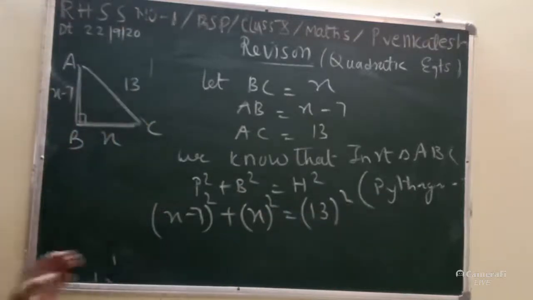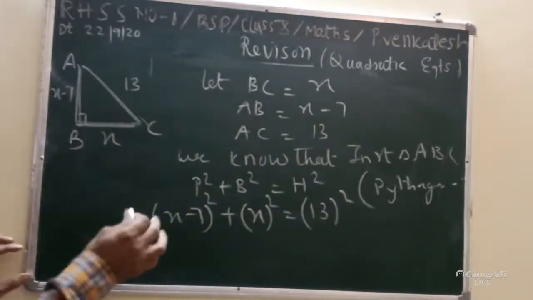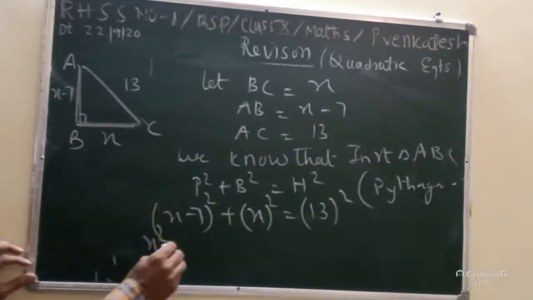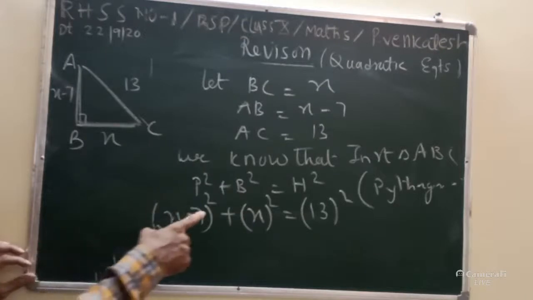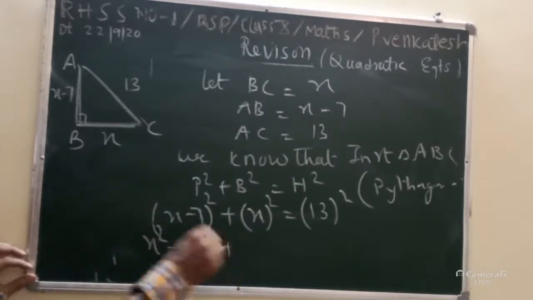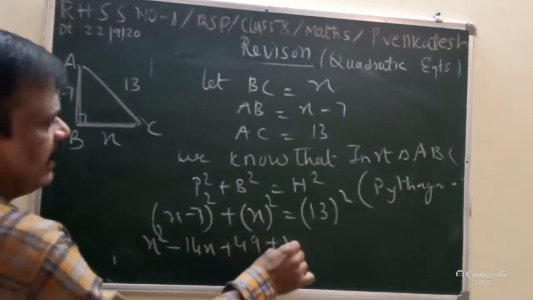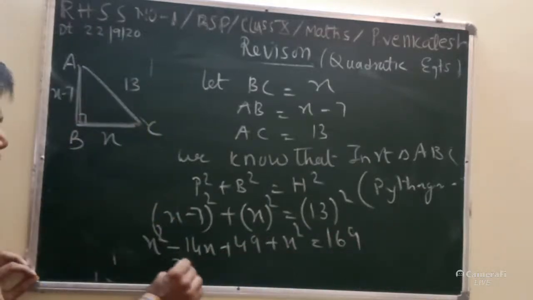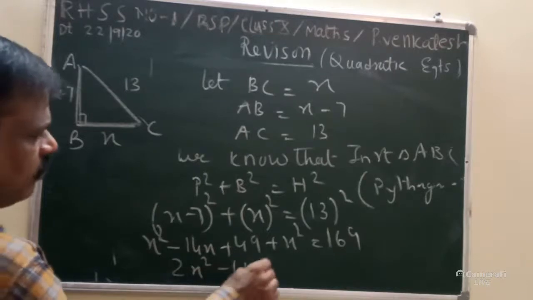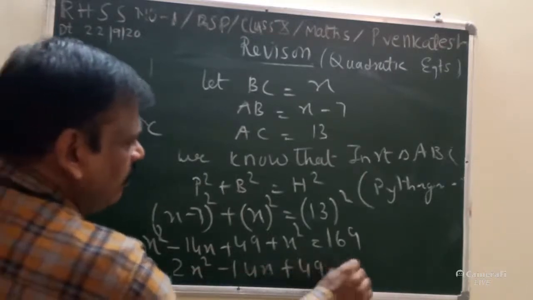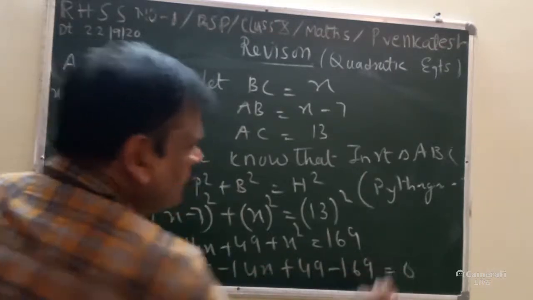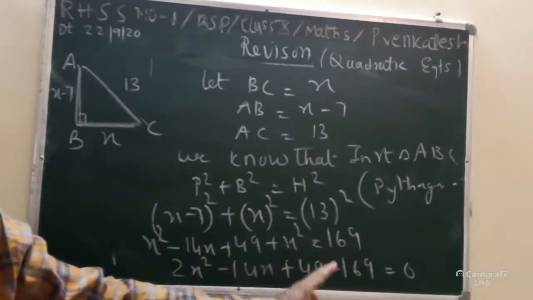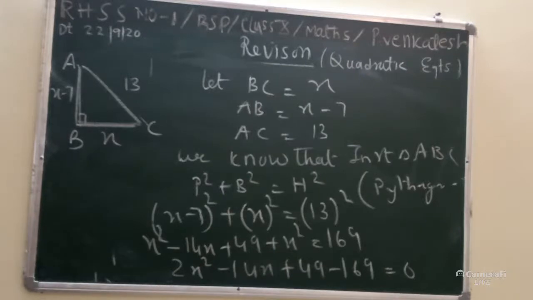Now solve this part. X minus 7 means a minus b whole square: a square, x square, minus 2 into a into b, 2 into 7, 14x, plus 7 square is 49, plus x square equal to 169. X square plus x square will be 2x square minus 14x plus 49 minus 169 equal to 0, bringing this to this side, this is plus, and when we bring this side, this will become minus.